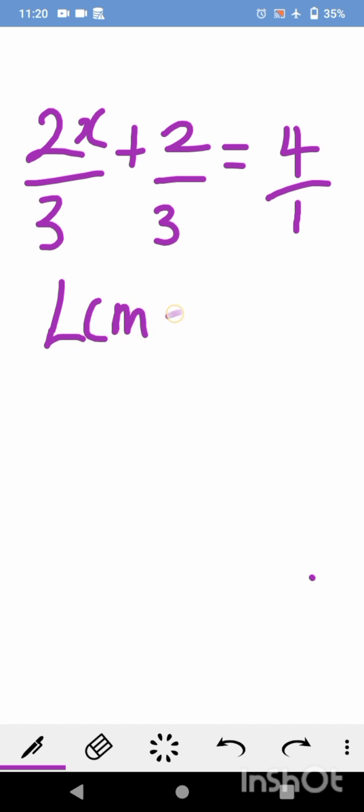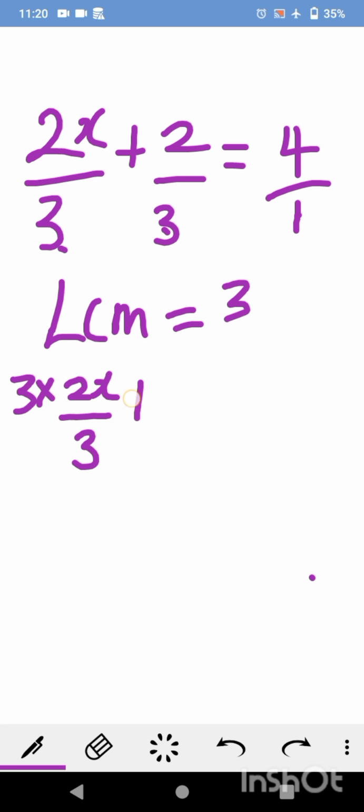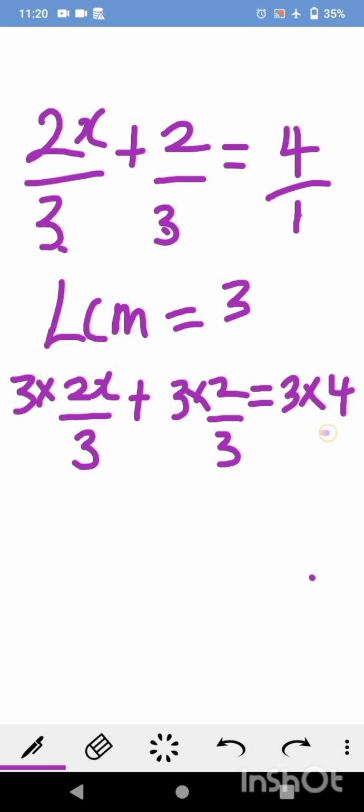The LCM of the denominators, 3 and 1, will be 3. So we use that 3 and multiply each of the terms. Alright, plus 3 times 2 all over 3 equals 3 times 4 all over 1.